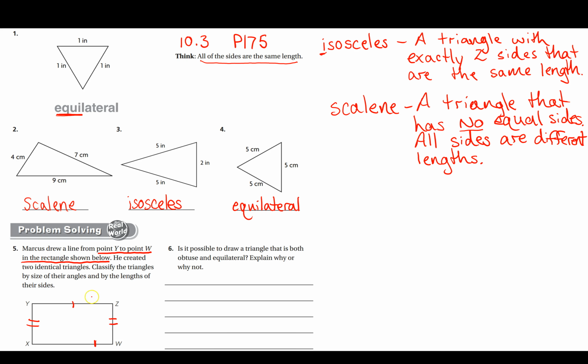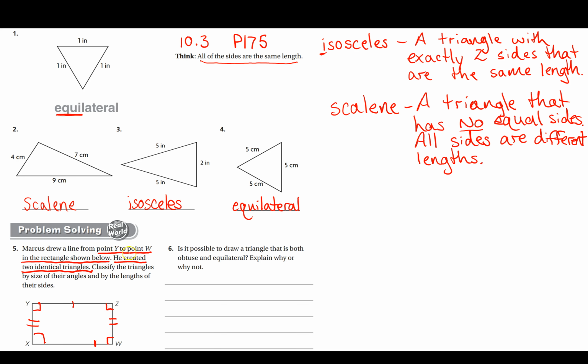We also know a rectangle is going to have all right angles. Those are the little boxes showing that each of those angles are right angles. And then he created two identical triangles.